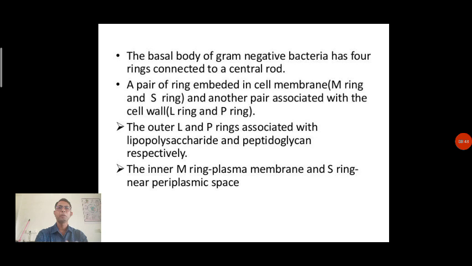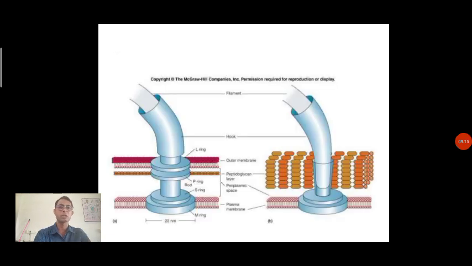So gram-negative bacteria have four rings, two in the cell membrane and two in the cell wall. The outer L and P rings are associated with lipopolysaccharides and peptidoglycan respectively, and the inner M ring in the plasma membrane and S ring in the periplasmic space.